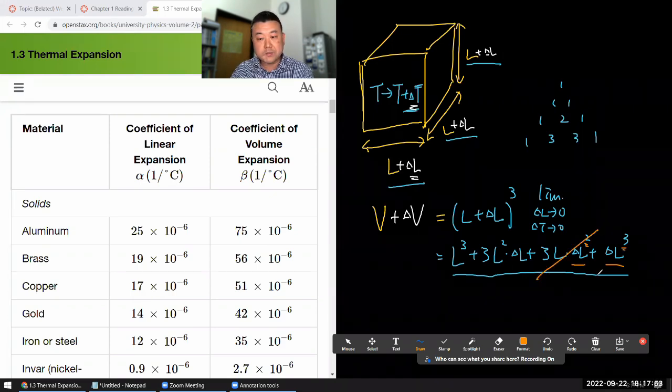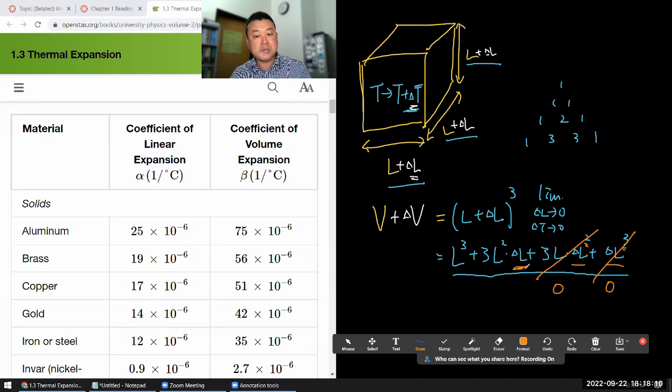So we can say these are negligible terms. They don't matter. And we retain the lowest-order term so that we can talk about the effect of infinitesimal changes. So this infinitesimal change will lead to this infinitesimal change in volume.